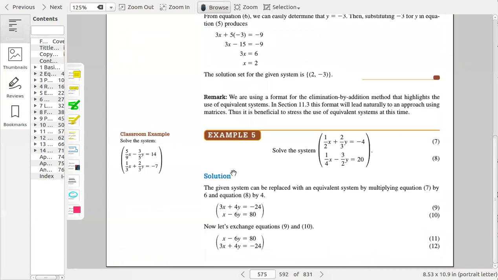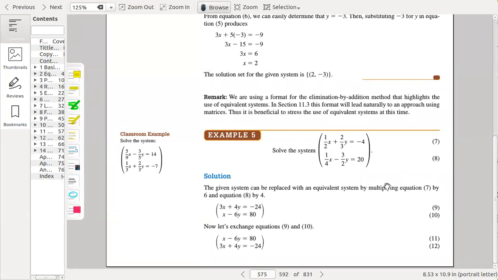The next example is 1/2 x plus 2/3 y is equal to minus 4, and 1/4 x minus 3/2 y is equal to 20. The given system can be replaced with an equivalent system by multiplying equation 7 by 6 and equation 8 by 4.